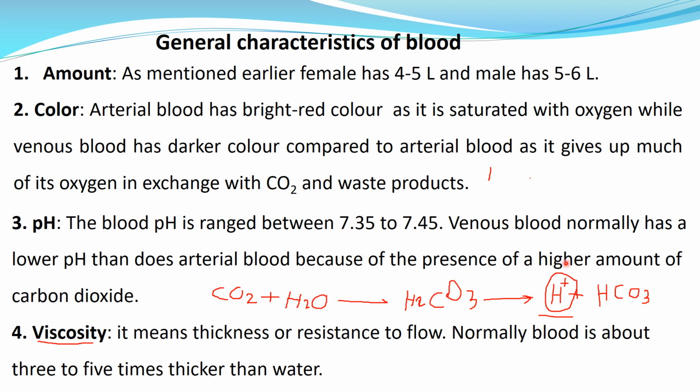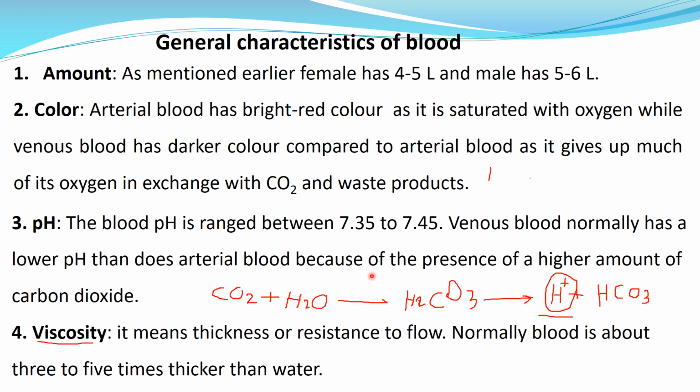So the carbon dioxide within the blood forms a complex with what? With the H2O. So when CO2 reacts with the water, it forms a complex which is called H2CO3.